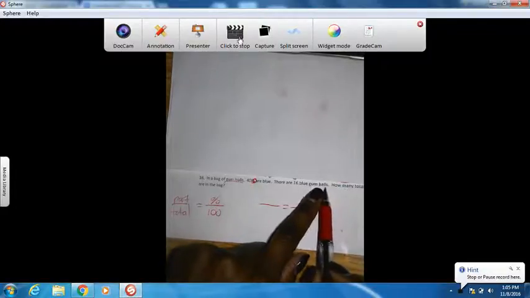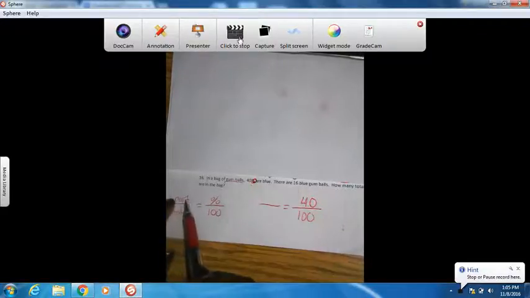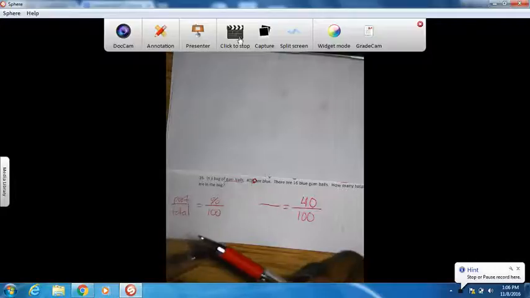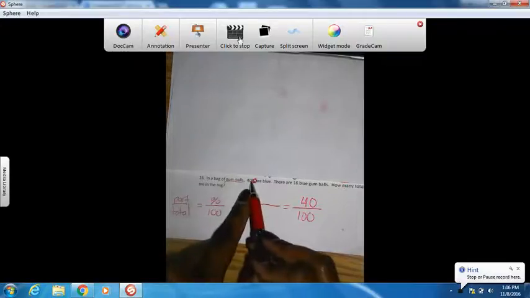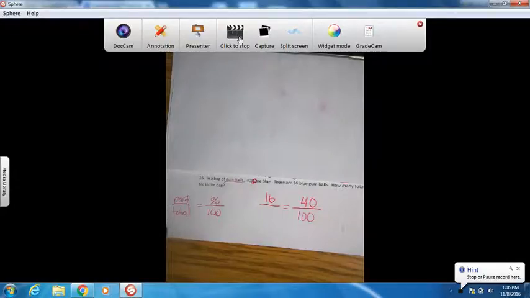So there are 16 blue gumballs. Do you think that the blue gumballs represent a part of the gumballs or all of the gumballs? Well, not all gumballs are blue, so the 16 is going to be a part. And we know that because 40% are blue, so not 100%. So 16 would go here. And we're trying to find this total.